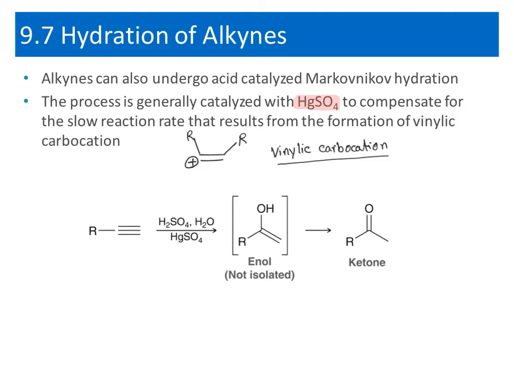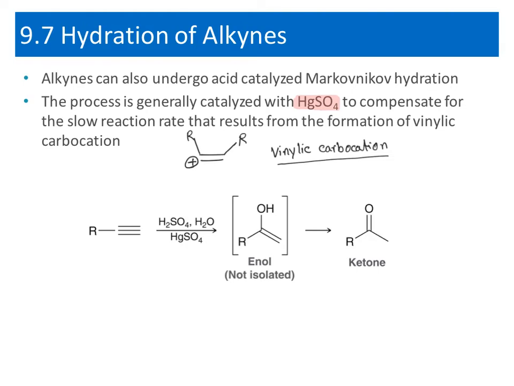In this process, one of the double bonds reacts to form the Markovnikov product, meaning that the hydrogen will be added to the less substituted carbon, and OH will be added to the more substituted carbon to form the product, which we call an enol. So the name comes from en for alkene and ol for alcohol. So we have OH on a double bond, and we call that an enol. Now the enol is not a major product.